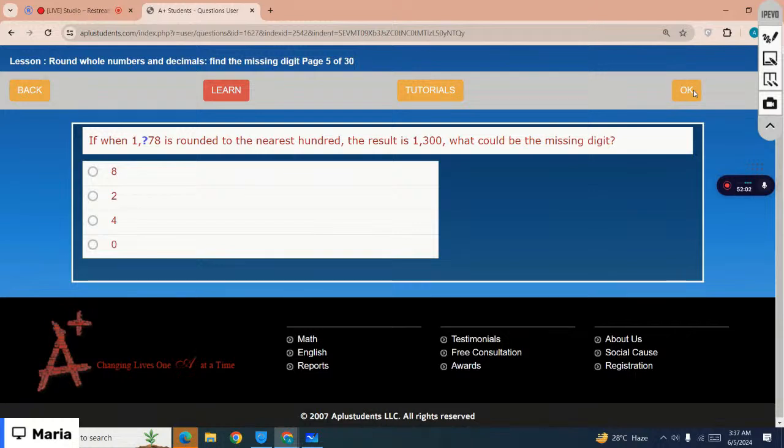When 1078 is rounded to the nearest 100, the result is 1300. What could be the missing number? So which number is missing?